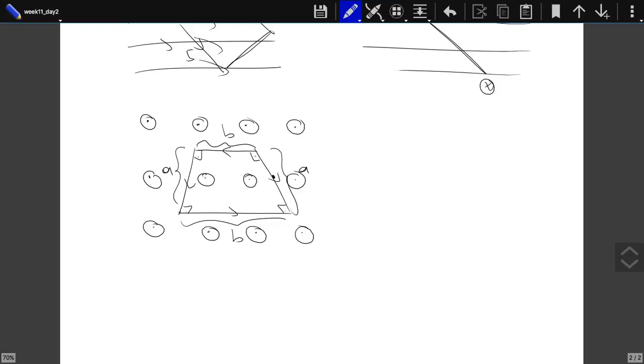Now, what is the direction of the force acting on this side, on the right side? Let's see. The B field is towards you. This is our rectangular loop. We are looking at this side. The current running in this side is moving in this sense.